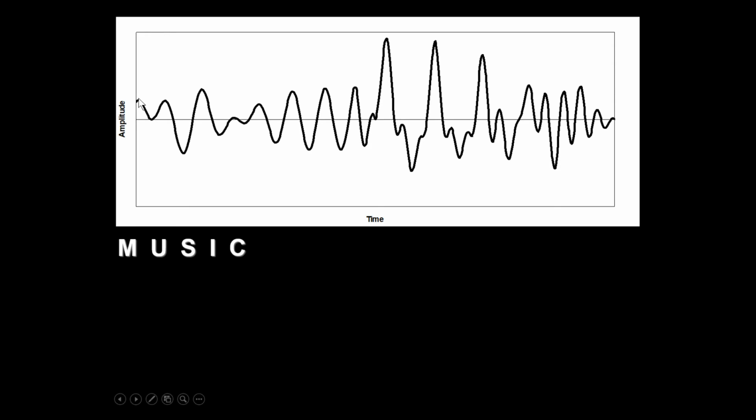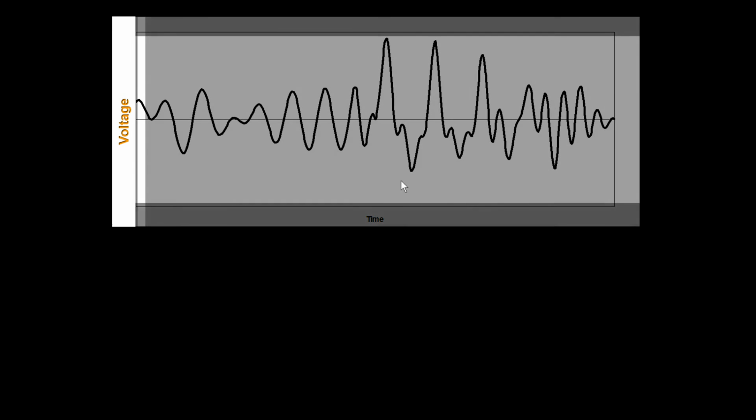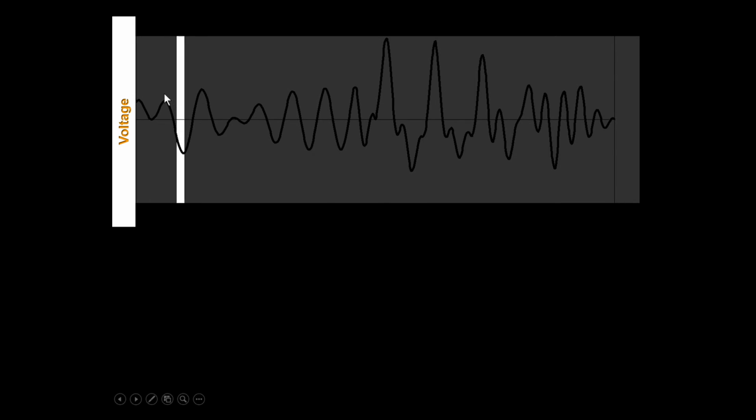So a positive voltage would move the speaker up, and a negative voltage would move the speaker down. And just making voltage go that way would move the speaker in such a way that would reproduce that music. And just playing the voltage going up, down, up, down, going through all that through time would reproduce those sounds.